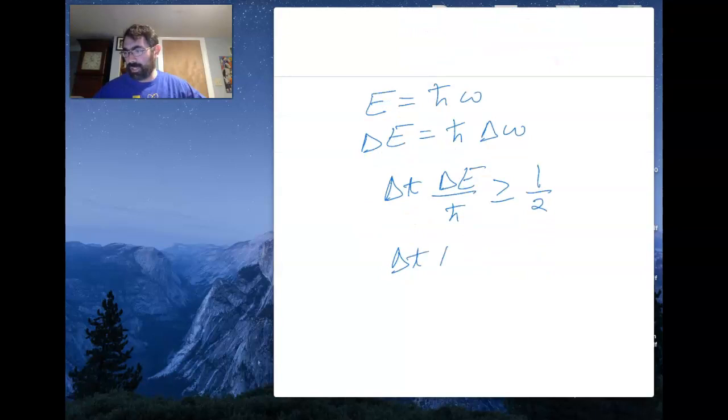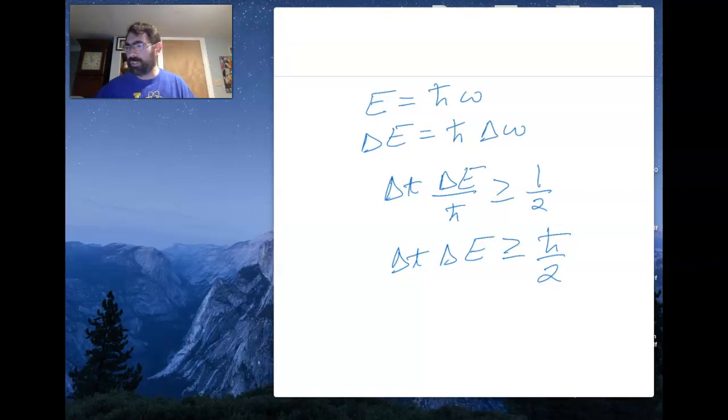So delta t times delta E is greater than or equal to h bar over 2. Now our uncertainty in the energy, how well we've measured the energy in an experiment, is related to how well we can measure it in a certain period of time. And to me, that's really interesting because that's how things decay.